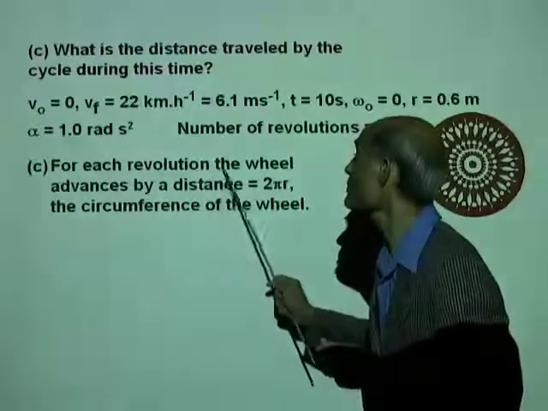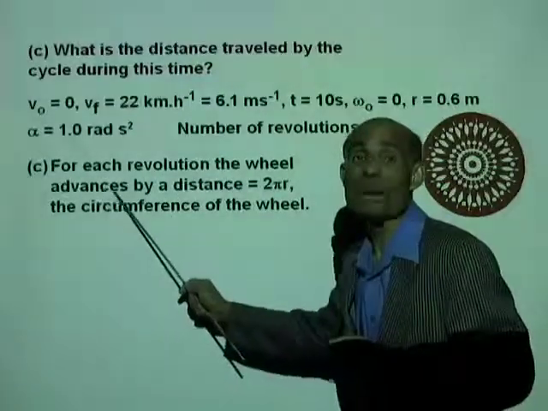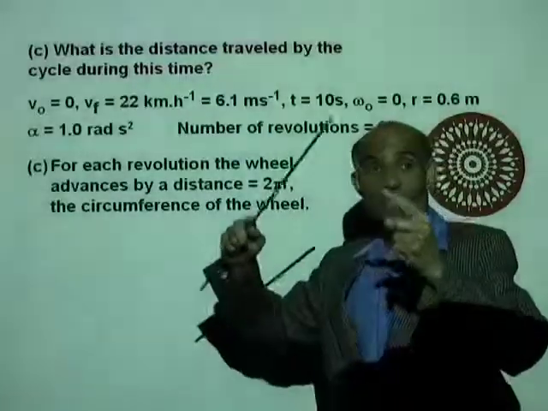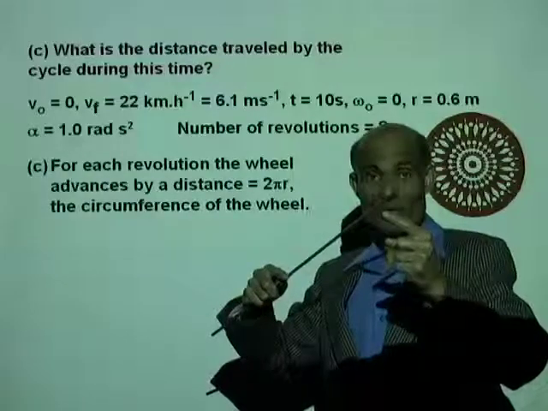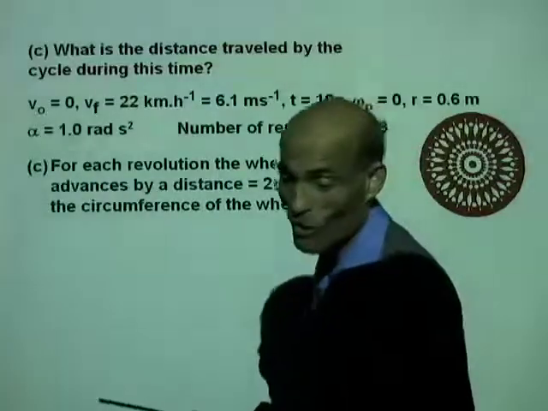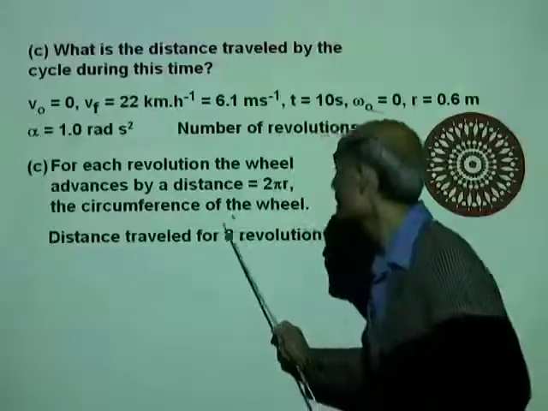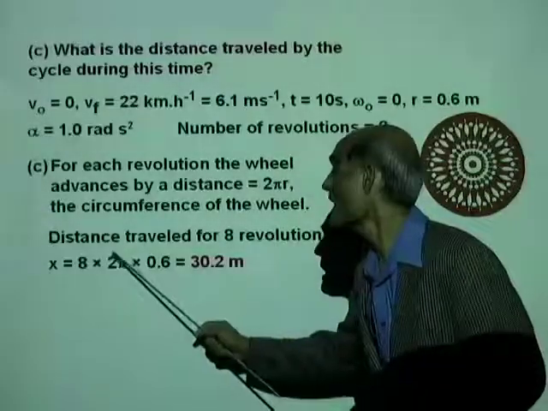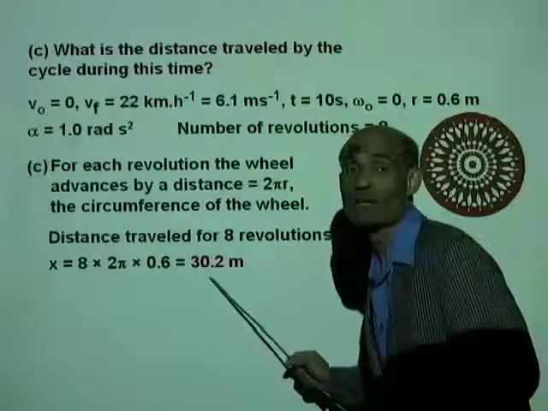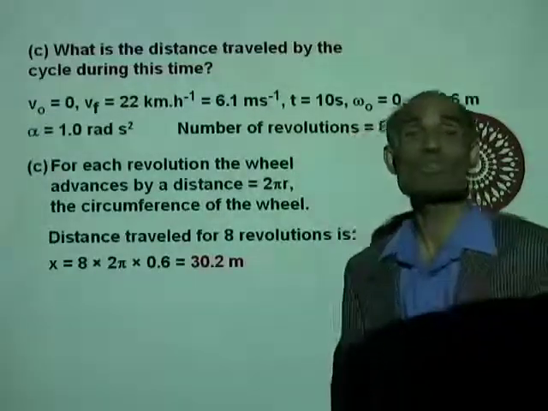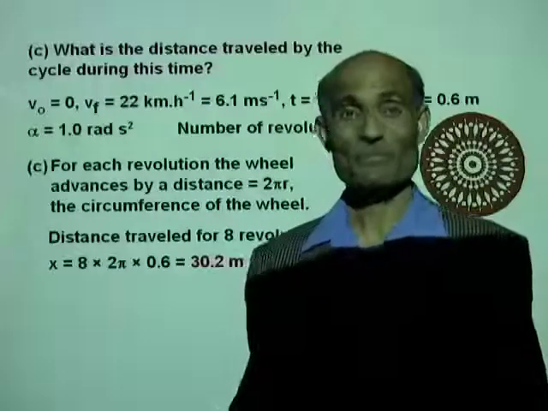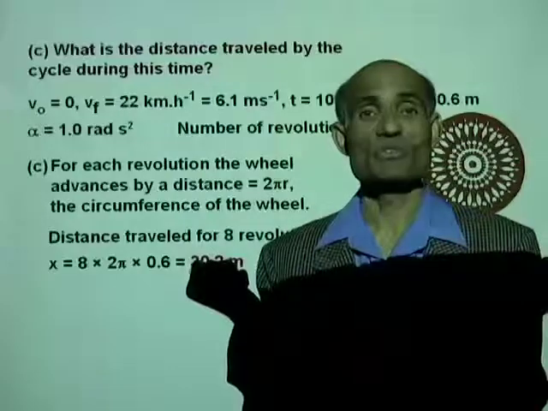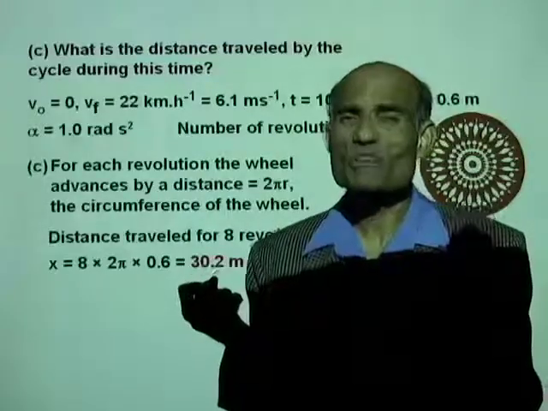For each revolution of the wheel, the bicycle advances by 2 pi r, the circumference of the wheel. Is that right? And therefore, what is the total distance advanced for 8 revolutions? That will be 8 times 2 pi r. That will be 30.2 meter.